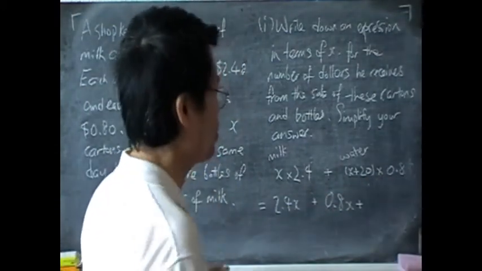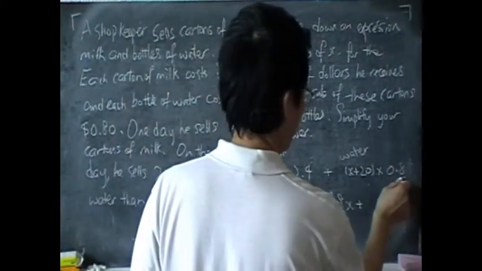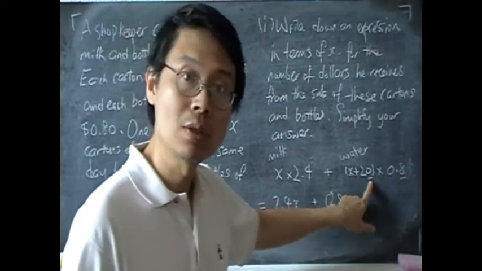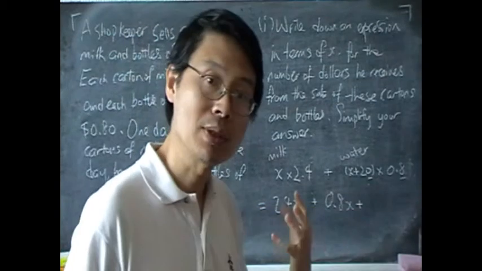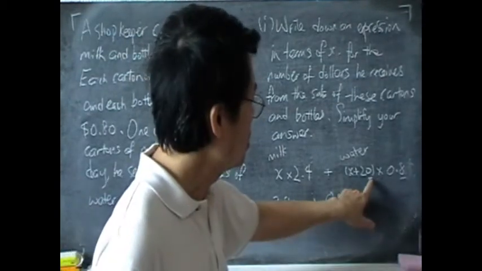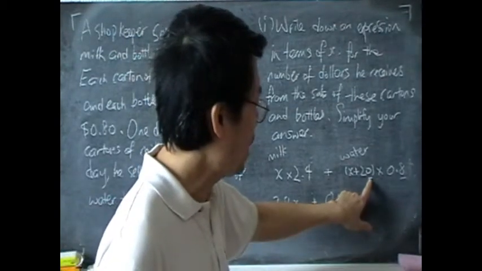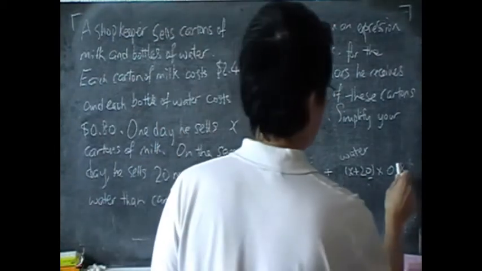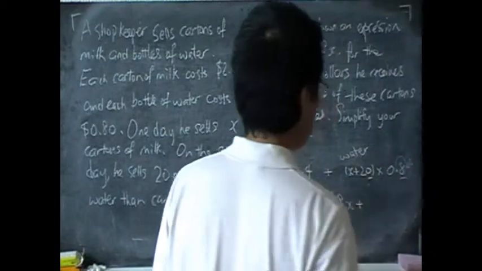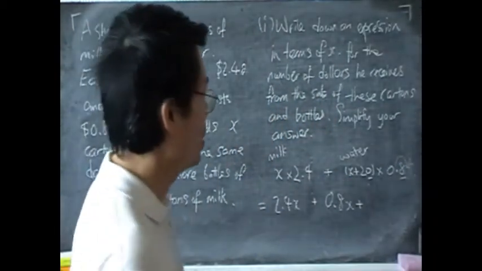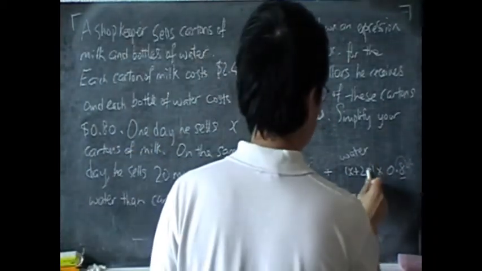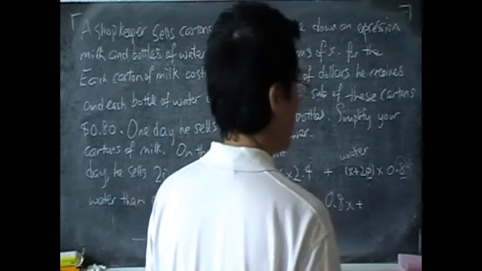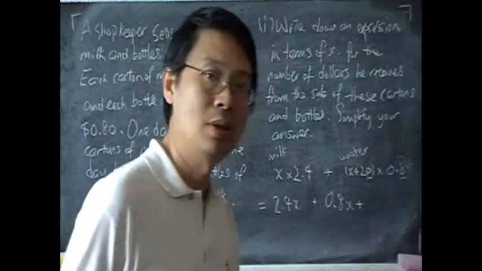Now, a quick way to multiply that. There's one decimal place here and there's a 0 there. The 0 there means that 20 is the same as 2 times 10. The 10 multiplied by 0.8 moves the decimal by one place. So the quick way to do it is to cross out the 0 and move the decimal point by one place, so that 0.8 becomes 8.